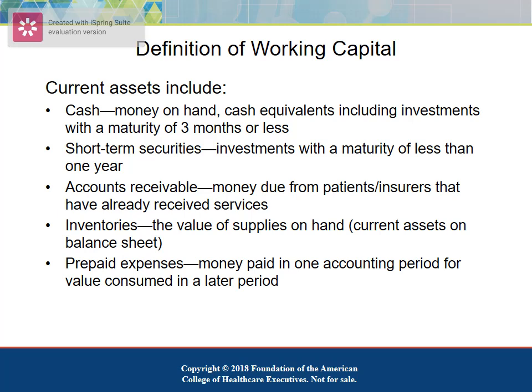We're going to be talking a lot about accounts receivable because when we talk about the revenue cycle and managing that revenue cycle, our accounts receivable is a big piece of that. Inventories, for supplies, we might have some medical inventory, and managing that as well, and having prepaid expenses. And other than that, just our cash and short-term items.